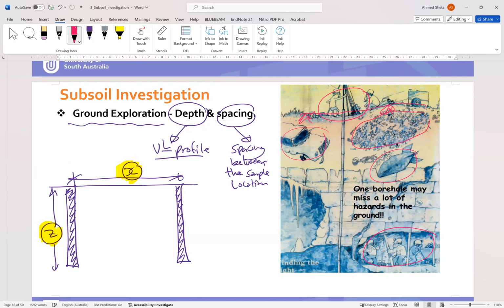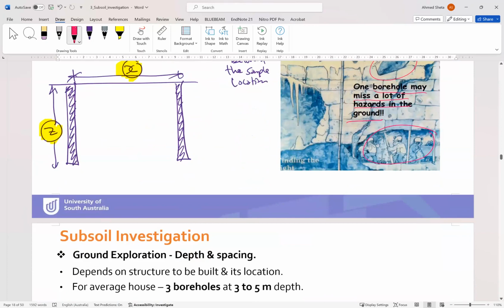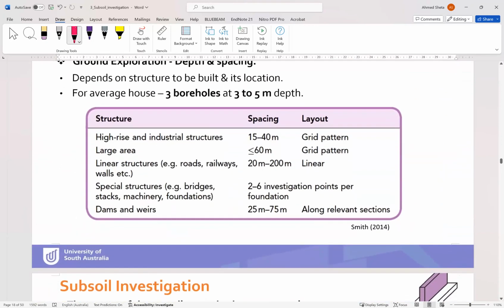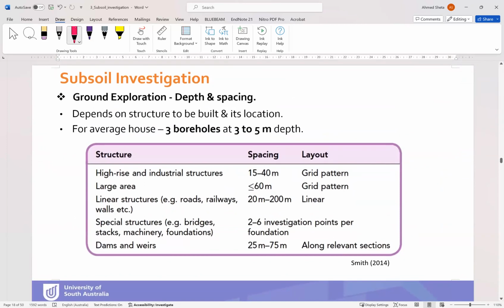So with only one borehole we can miss a lot of hazards inside the ground. It is just a funny image to show that one borehole will not be enough to represent the soil behavior or soil layers in our site.